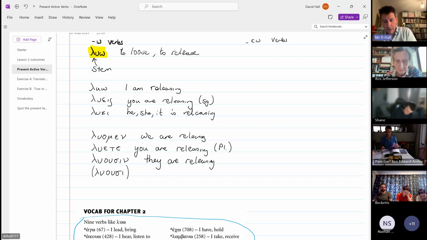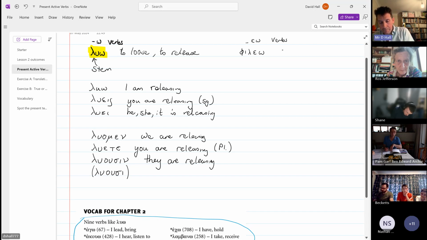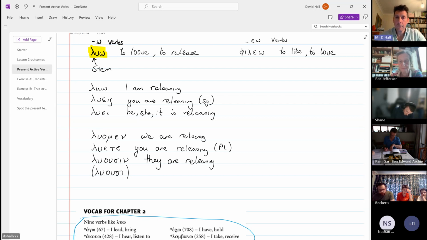And we're going to use the verb philo, which means to like or love. So it's likely that you'll have heard of that word. And philo, so things to do with that prefix on the start of our words means to like something.